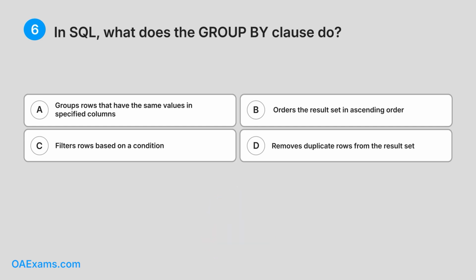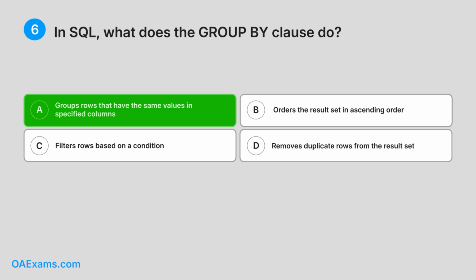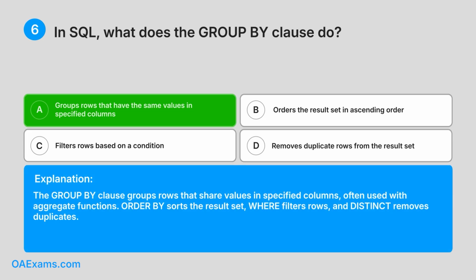Correct answer, A. Groups rows that have the same values in specified columns. Explanation. The group by clause groups rows that share values in specified columns, often used with aggregate functions. Order by sorts the result set, where filters rows and distinct removes duplicates.